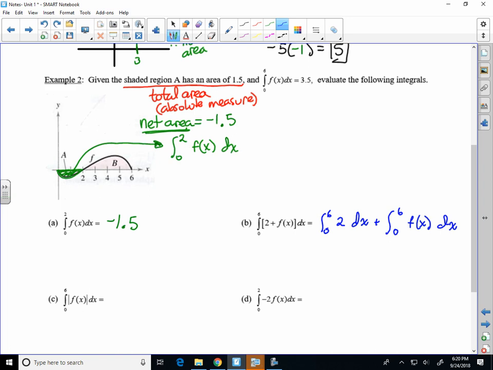Part of which we already have as an answer, because it was given. So I know that part is 3.5.